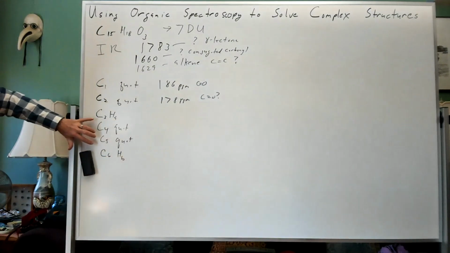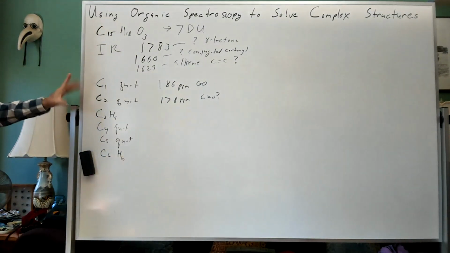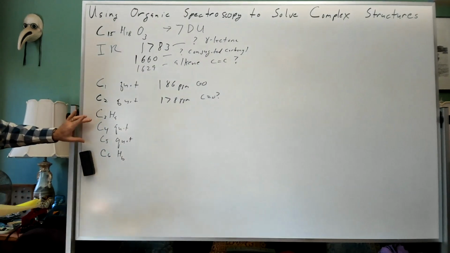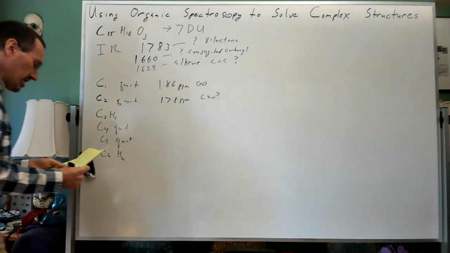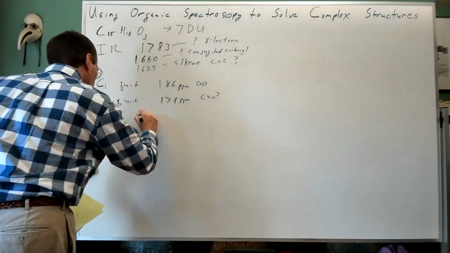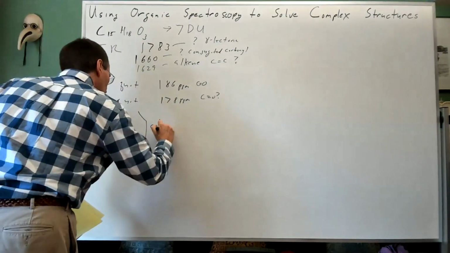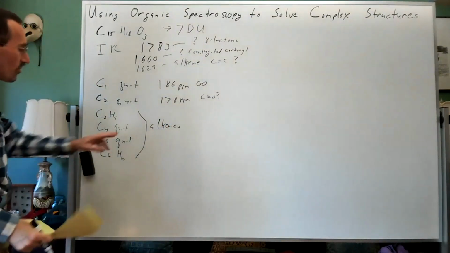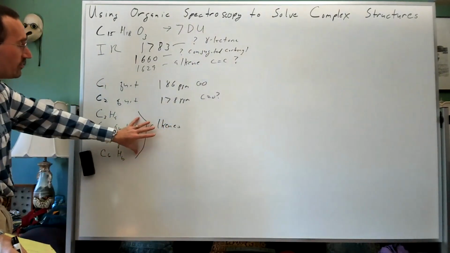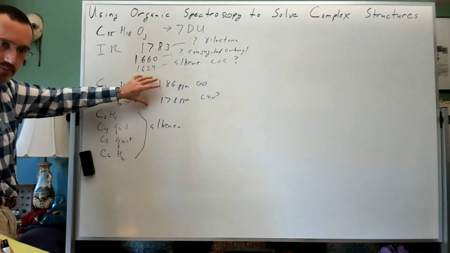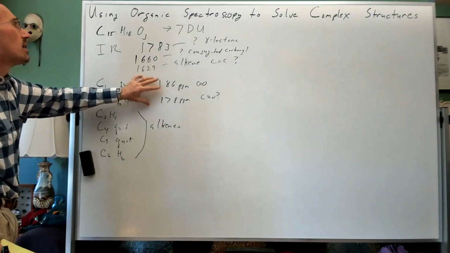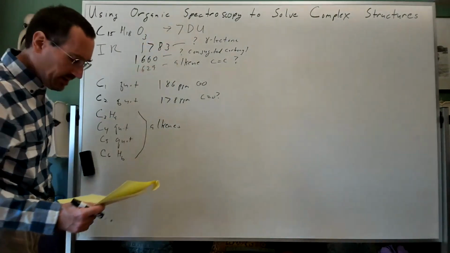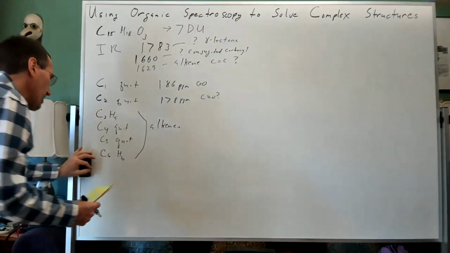All of these are down at 125 to 100, and I think it was 56 ppm. But all of these here are pretty clearly alkenes. And if I'm right that we have 2 alkenes, 2 carbonyls, then with our 7 degrees of unsaturation, that probably means we have three rings.